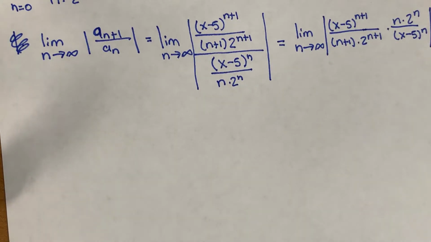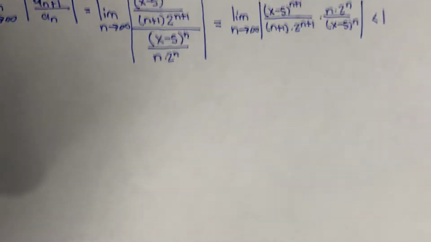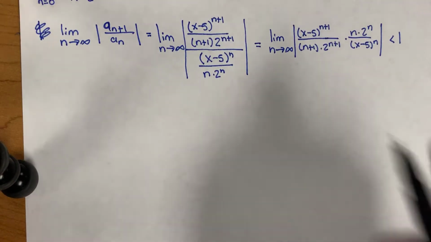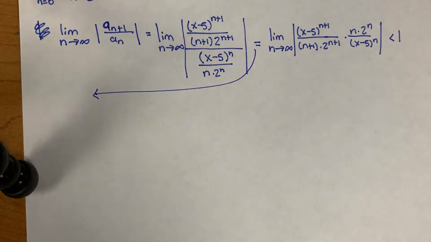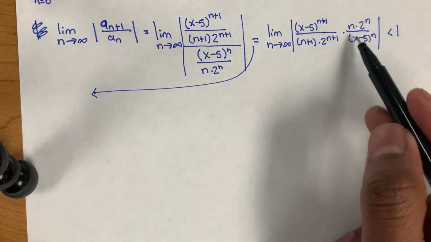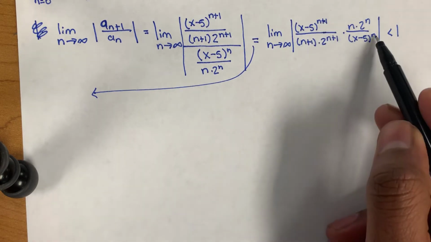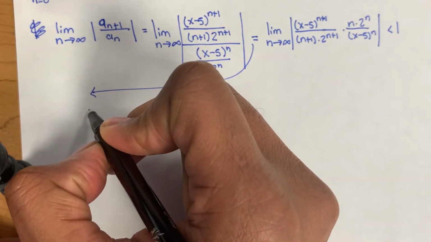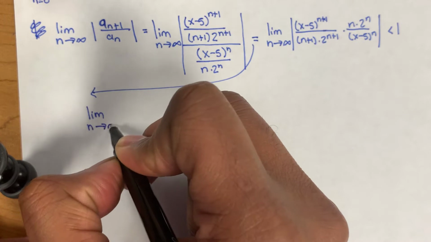Now, I'm sorry, you can't see the less than 1. So if we take some steps to rewrite this, zoom out just a bit, we're going to continue over here. Looking at (x minus 5) to the n plus 1 divided by (x minus 5) to the n, we subtract the exponents. So n plus 1 minus n leaves us with 1, so x minus 5. So we're going to have the limit as n approaches infinity.